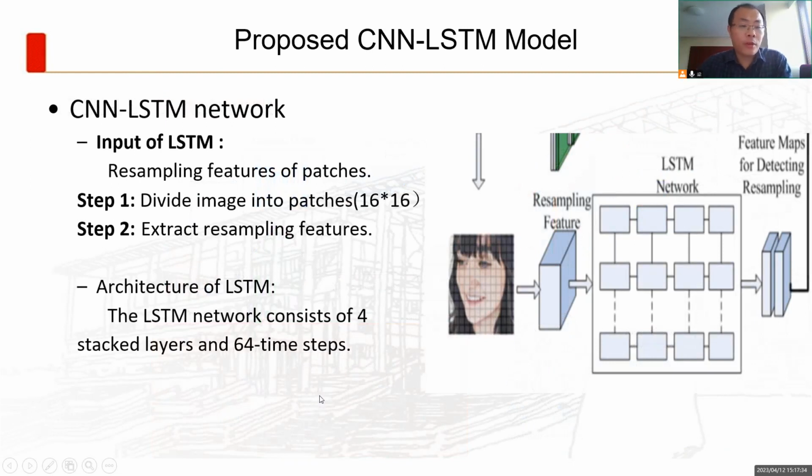The input of LSTM is resembling features of patches. So in this part, we first divide the image into many patches. Each patch is of size 16 by 16. And in the second step, we need to extract the resemble features. And then we input the resemble features into LSTM networks. The size of the LSTM network in our proposed models is 4 static layers and 44 times depth, as shown in these figures.